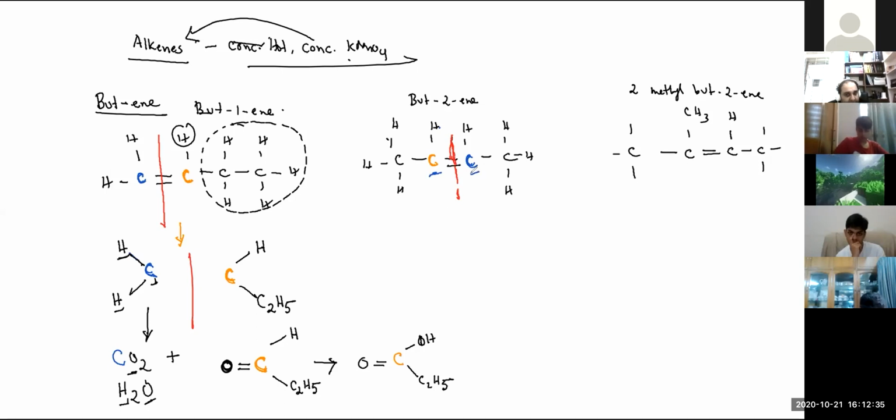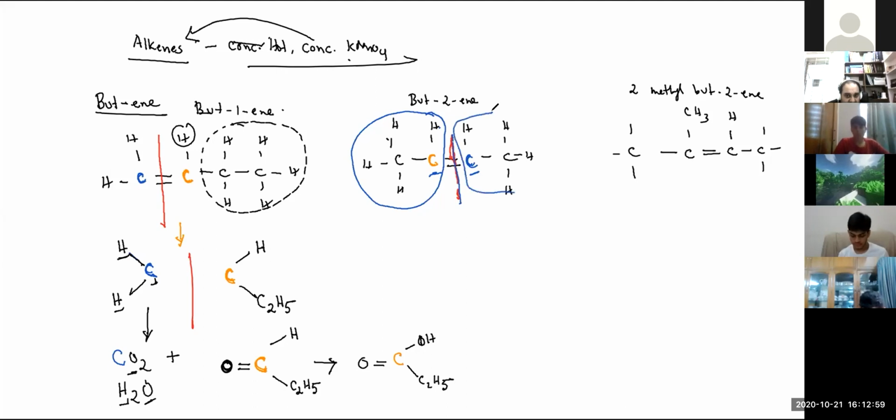What about the blue carbon? Isn't it the same? It's the same thing. So when you break down this double bond, this is going to form a carboxylic acid.